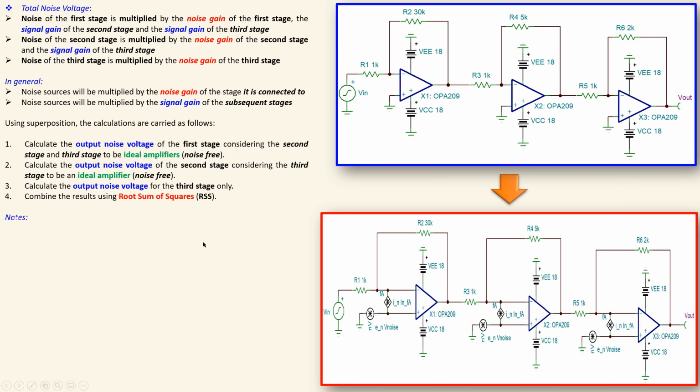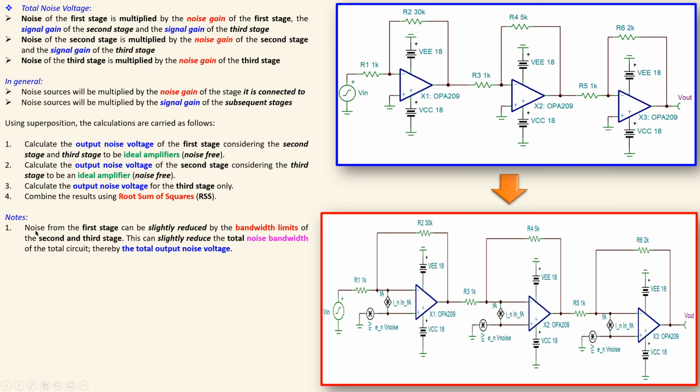Okay, that will be then the procedure. So the notes in order here: noise from the first stage can be slightly reduced by the bandwidth limit of the second and the third stage. So this slight reduction in the noise bandwidth will also have some effect on our total output noise voltage.